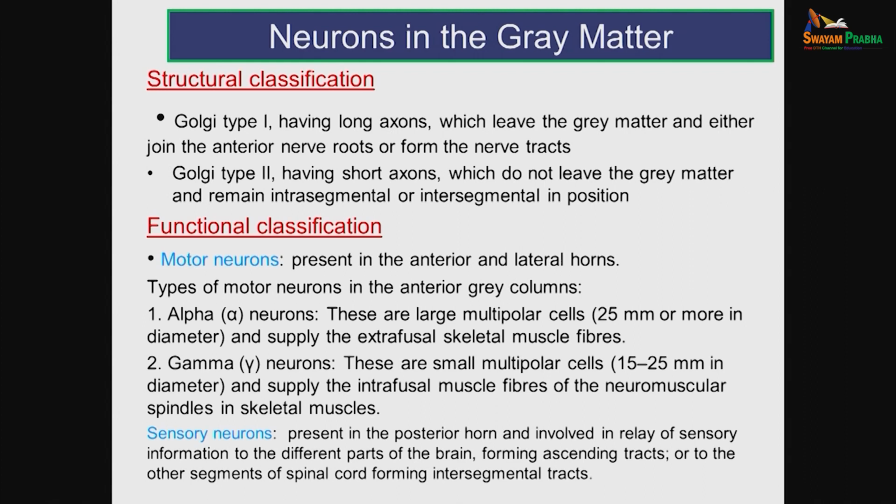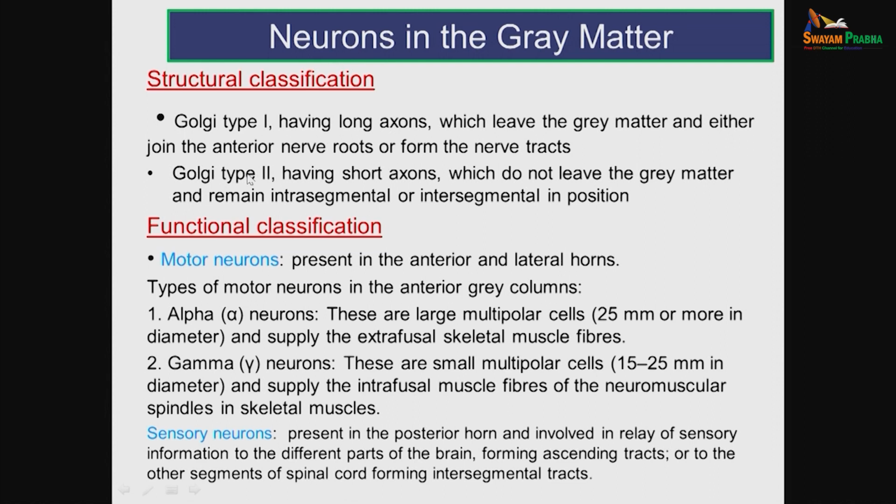We are now going to discuss in detail about the grey matter. For this, you have to know the classification of neurons in the grey matter. There are two ways by which you can classify: a structural classification and a functional classification. If you take the structural classification, the neurons are divided into Golgi type 1 and type 2.